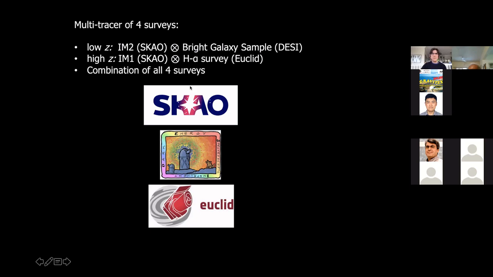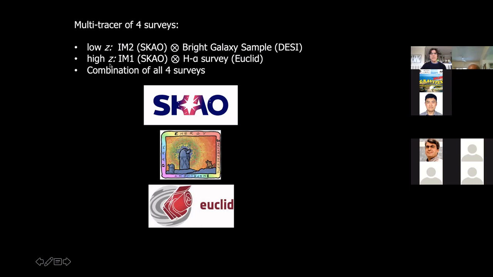So these split into 2 pairs. At low redshifts, we have the high frequency or low redshift band IM2 of SKAO, multi-traced with the bright galaxy sample. That's from redshift up to about 0.5.